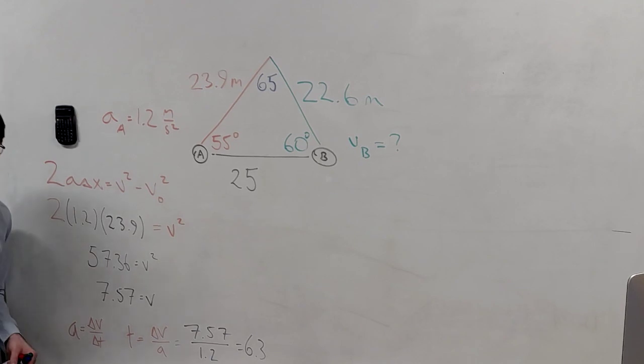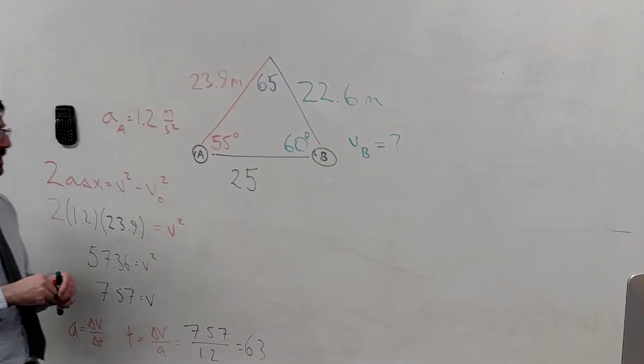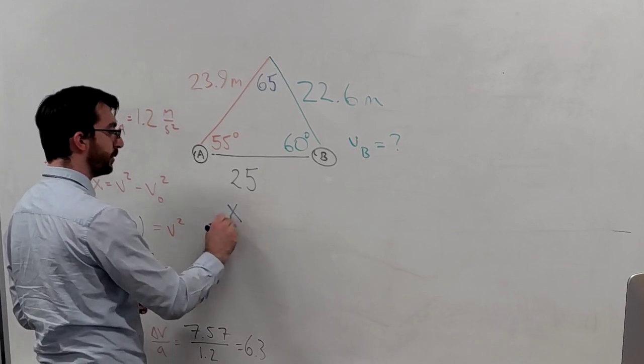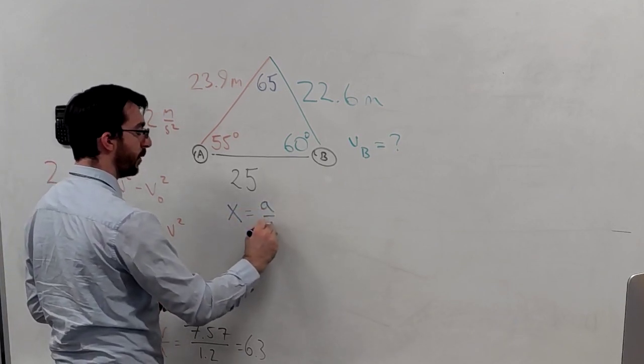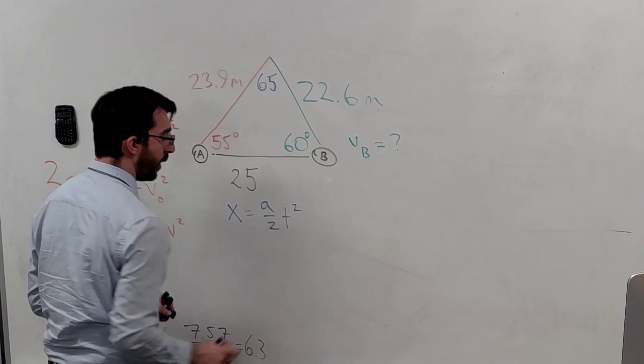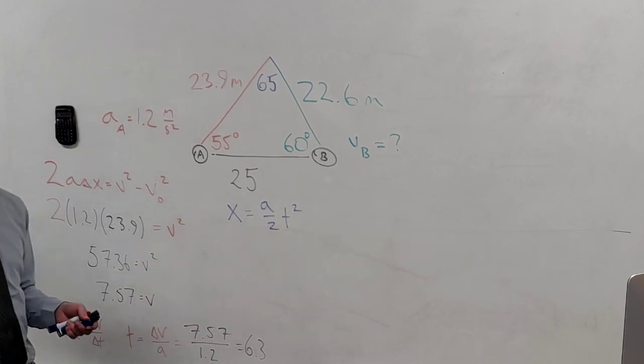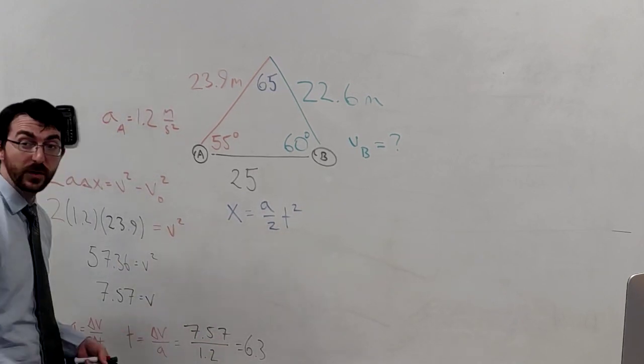Now, there is another way to solve it. I will demonstrate it right now, and that would be using this equation. This way, you can just skip finding the velocity.